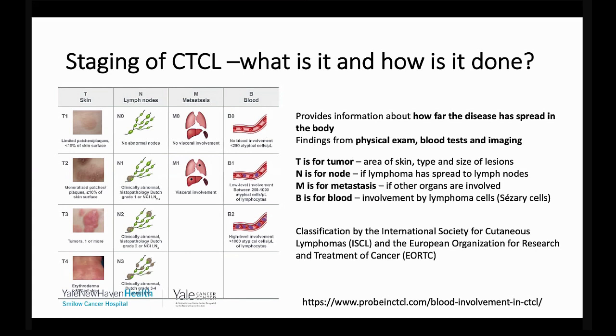Similarly, the extent of the lymph node involvement is classified as N0 to N3 disease. Presence of metastasis is described as M1 disease, and the extent of the blood involvement makes it B1 or B2 disease if it is involved, and B0 if it's not involved.